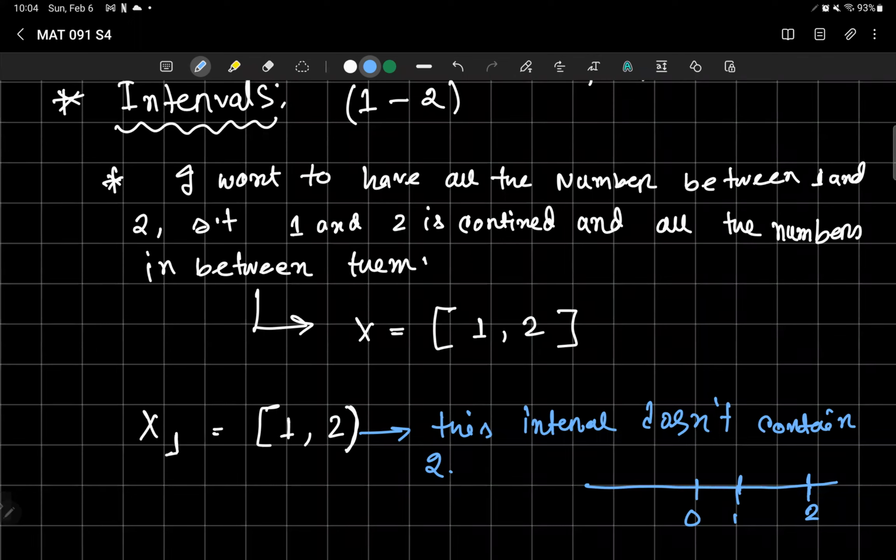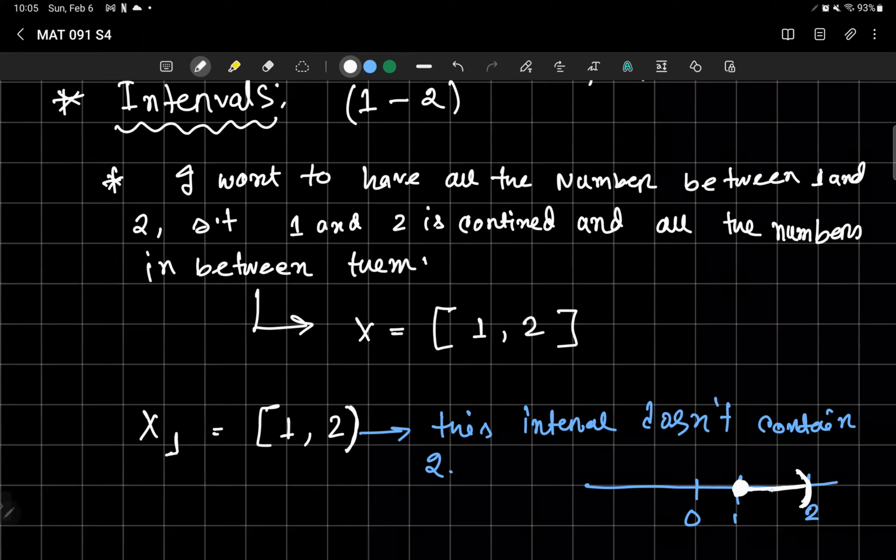This is the notational thing that you need to know: if you have a first brace, that means you are taking 1, then going up to 2, but you are not including 2. You are stopping at the number that is before 2. Quantitatively, you cannot express it, but on a real number line, you can. This means leave 2 alone, but contain everything from 1 up to 2.